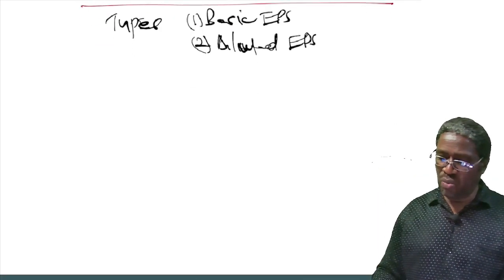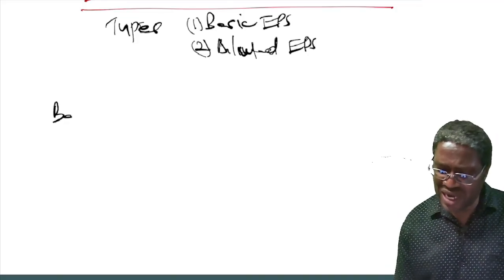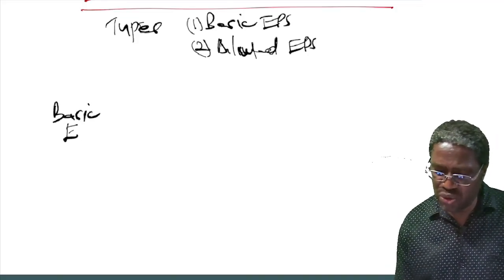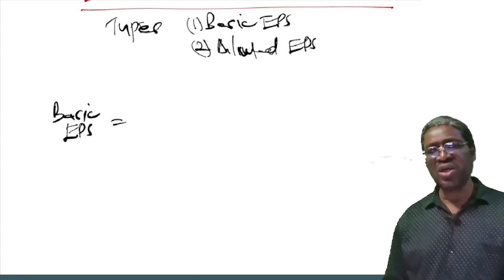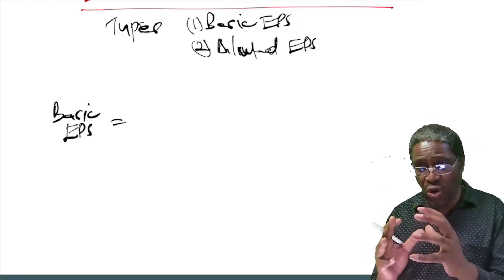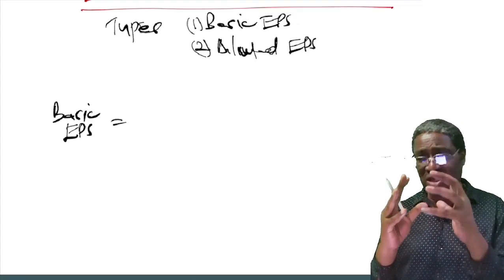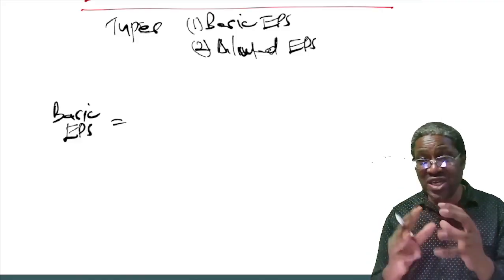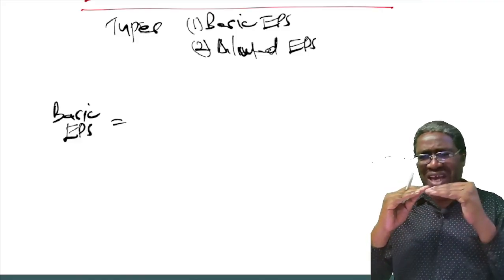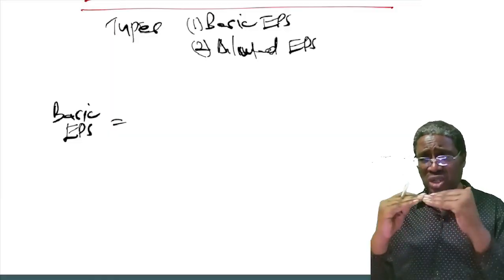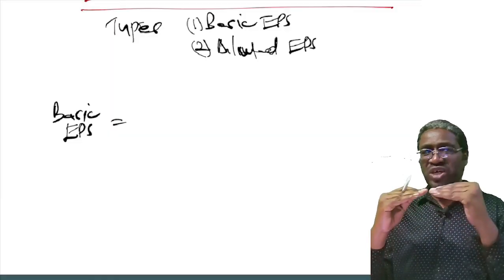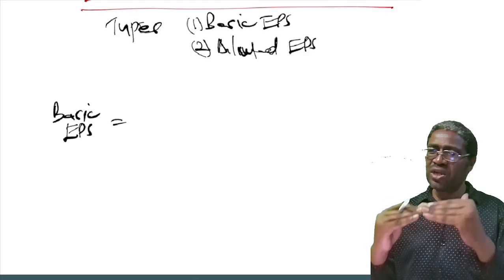Now, to compute the basic earnings per share, we normally take the earnings that are attributable to the ordinary shareholders and divide that by the number of shares.